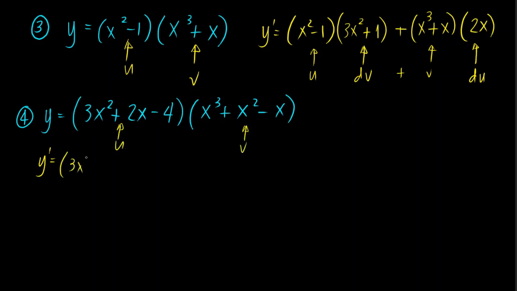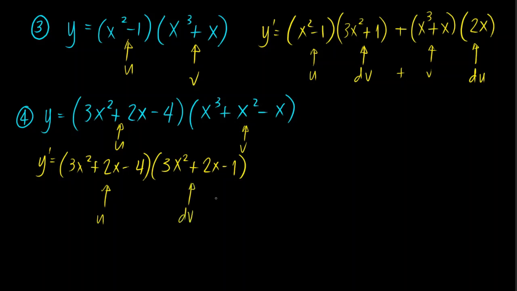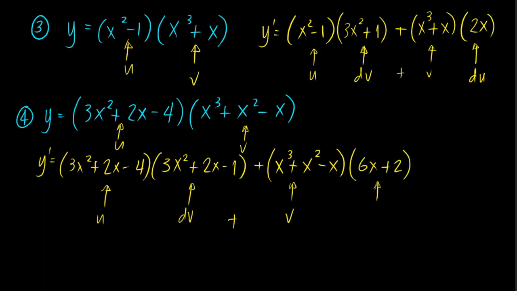So, u, 3x squared plus 2x minus 4, dv, derive v, 3x squared plus 2x minus 1. So, this is u dv, plus, ang v mo naman, x cubed plus x squared minus x. Okay, so that's v derive u. So 6x plus 2. 4 is a constant, so no need. Okay. And these are the final answers using the product rule.